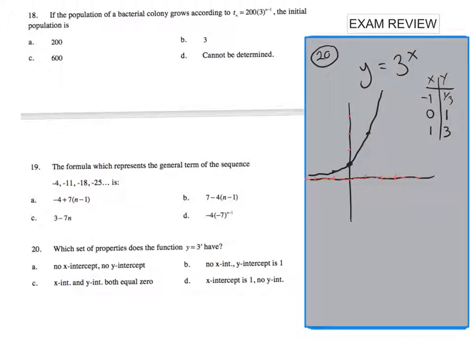So we go through the options: no x-intercept and no y-intercept, so A is wrong. B, no x-intercept, that's true. Y-intercept is 1, that is correct. C, there is no x-intercept, so that's wrong. And D, x-intercept is 1, there's no x-intercept. So this has no x-intercept because of the asymptote, therefore B must be your answer.